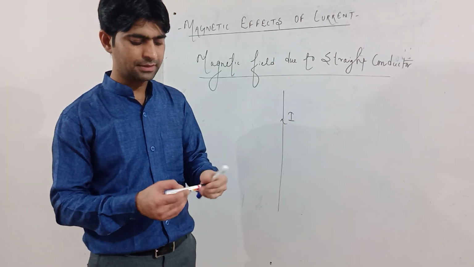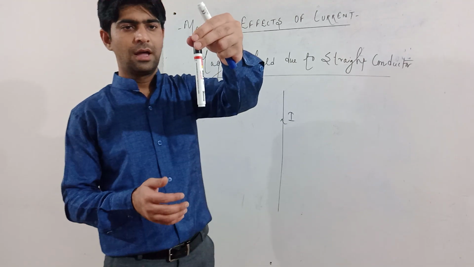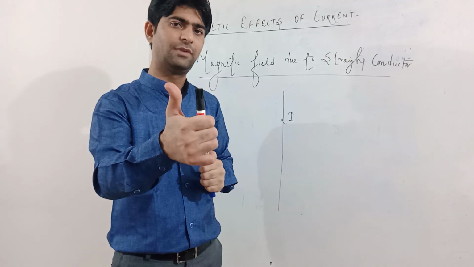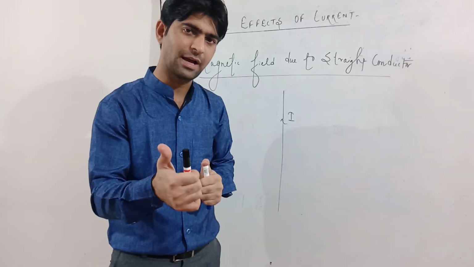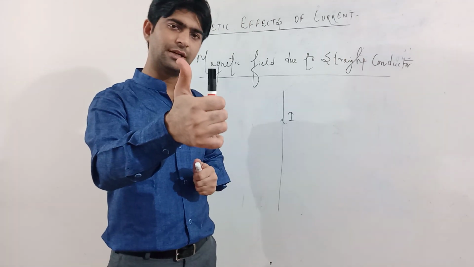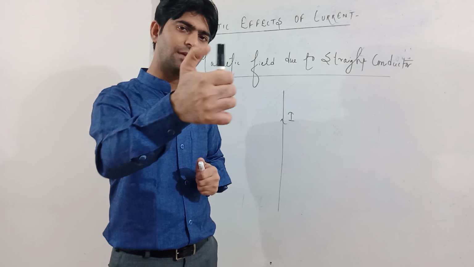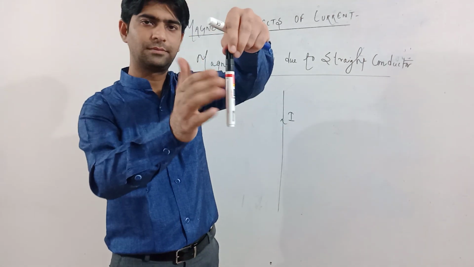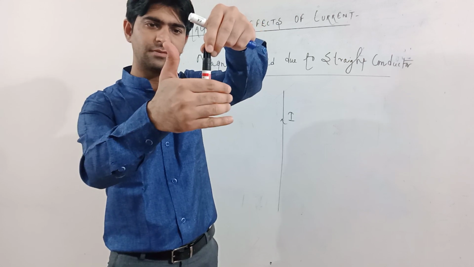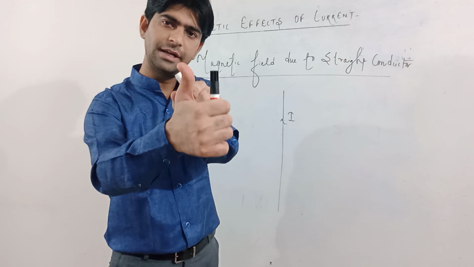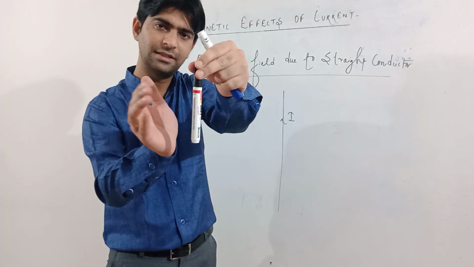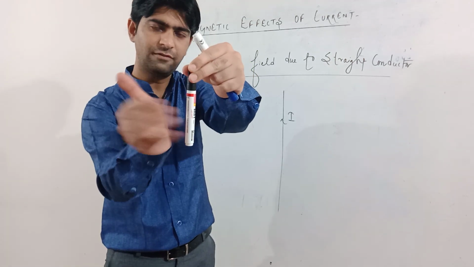If I consider this marker as a straight conductor and hold it in my right hand, now I am going to discuss how the direction of magnetic field for a straight conductor is determined. If I hold this marker in my hand and stretch my right hand thumb with the curls of fingers, if the thumb indicates the direction of current, then the curls of fingers indicate the direction of the circulation of magnetic field.